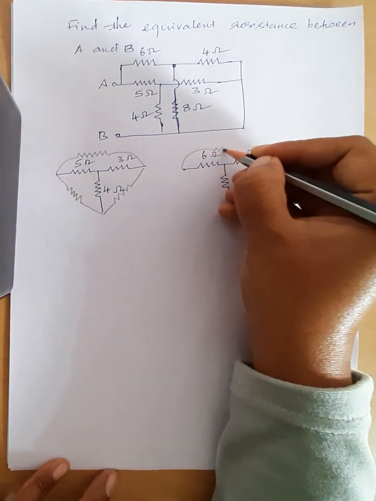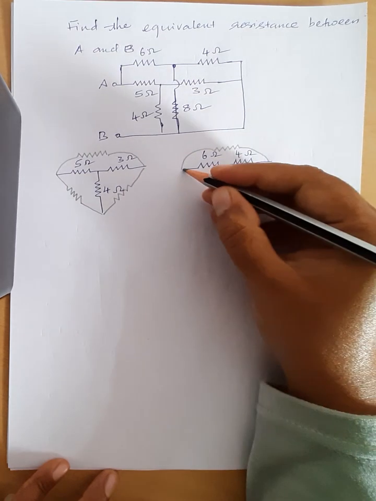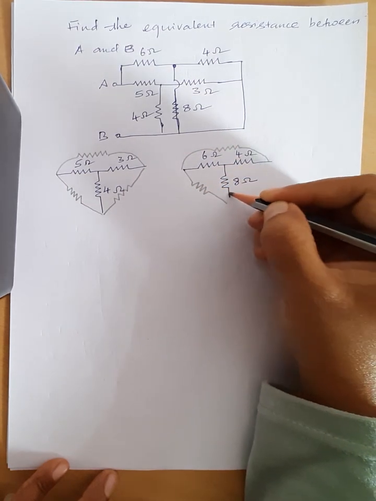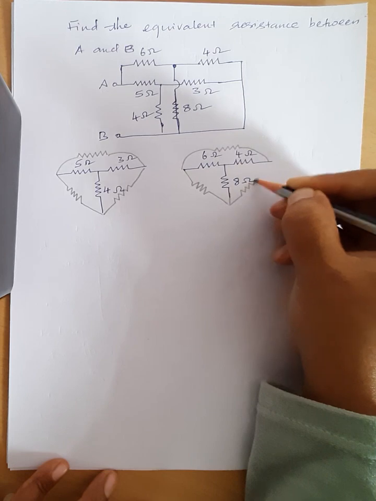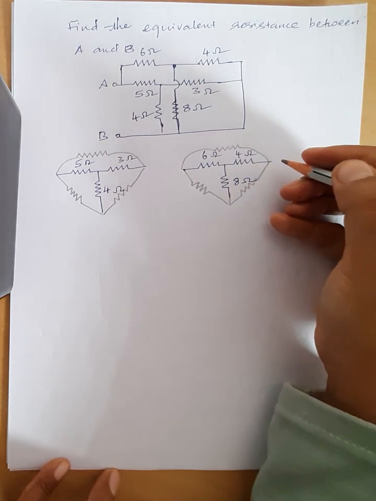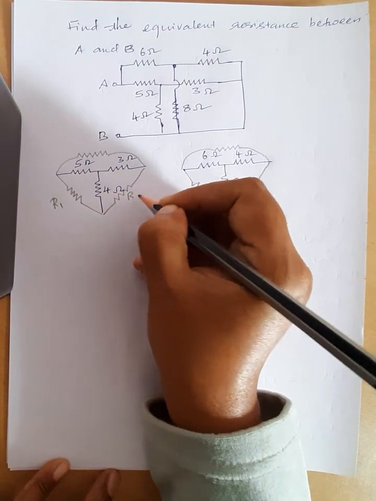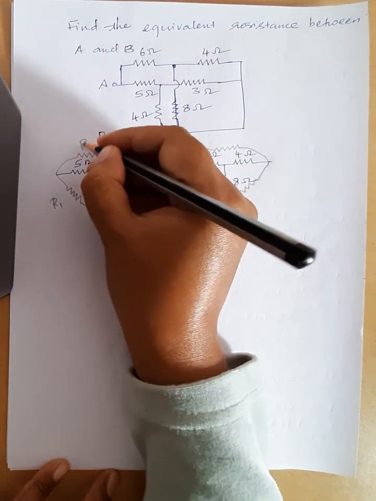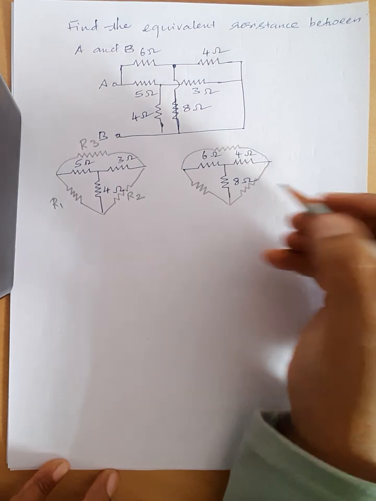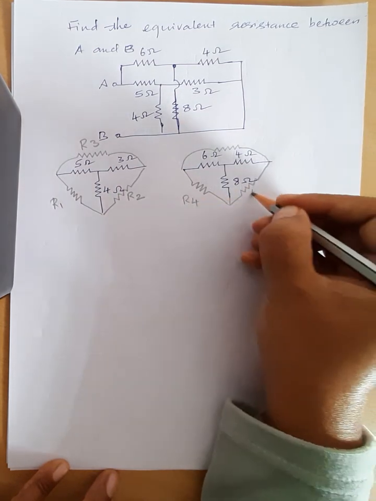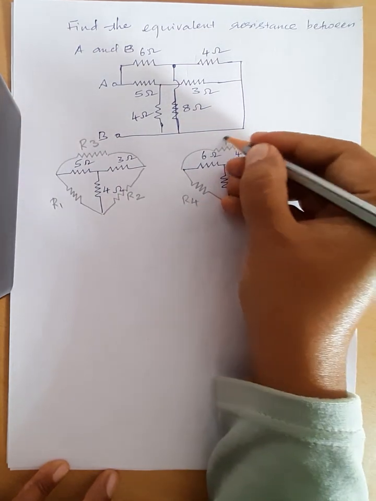Similarly, for this star network also, build one delta network. Name the resistances as R1, R2 and R3 here, and this you name as R4, R5 and R6.